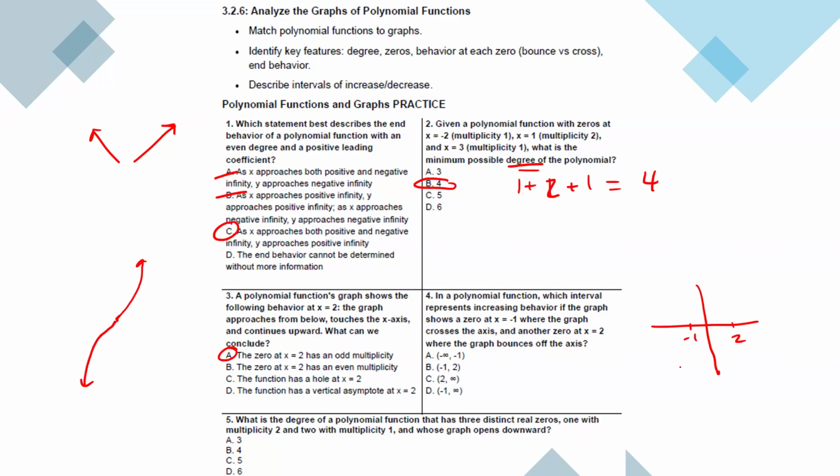So if I'm coming from the left, it's going to look like this, okay, that's an option. Or if I'm coming down from -1 to 2, it could look like this. Okay, so these are my 2 possibilities that I'm working with.